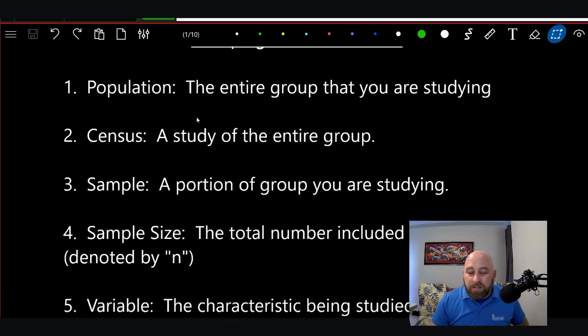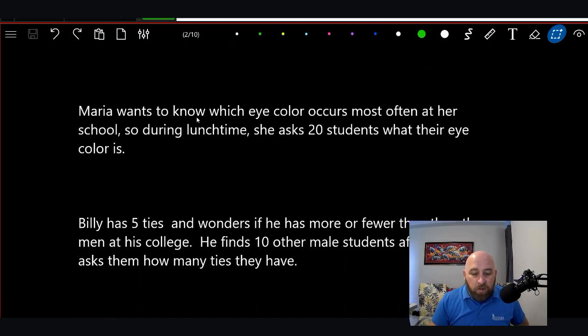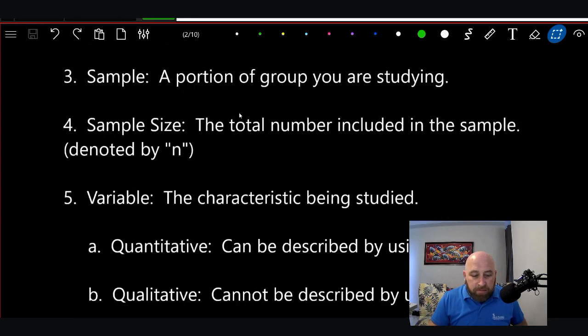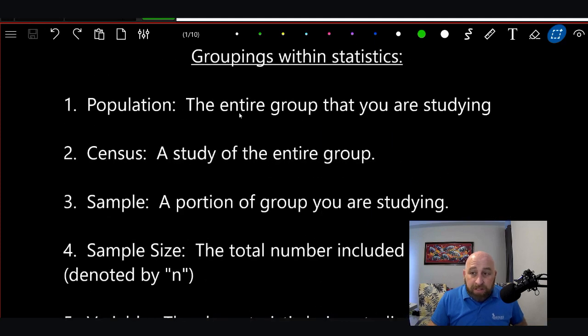Since it says she wants to know about the kids at her school, she doesn't want to know what everybody's eye color is. She just wants to know the people at her school. So the population would just be limited to her school, since those are the only people that she wants to know. Next, what is she doing, a census or is she doing a sample?